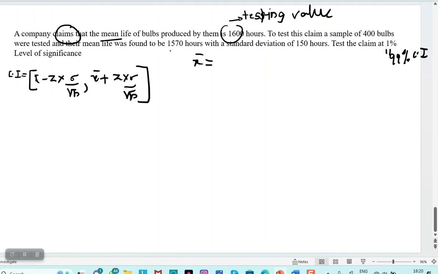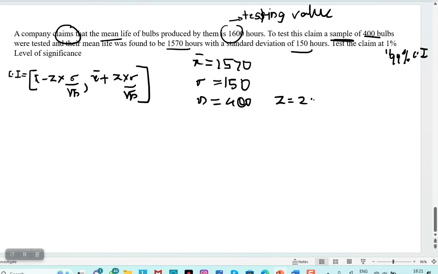The other value for mean life that is given will be used as x bar, because it is associated with the word sample. A sample of 400 bulbs was tested and their mean life was found to be 1570, so the sample mean is 1570. The standard deviation is 150. The sample size is 400 and the Z value is 2.58, because of the 99% CI.